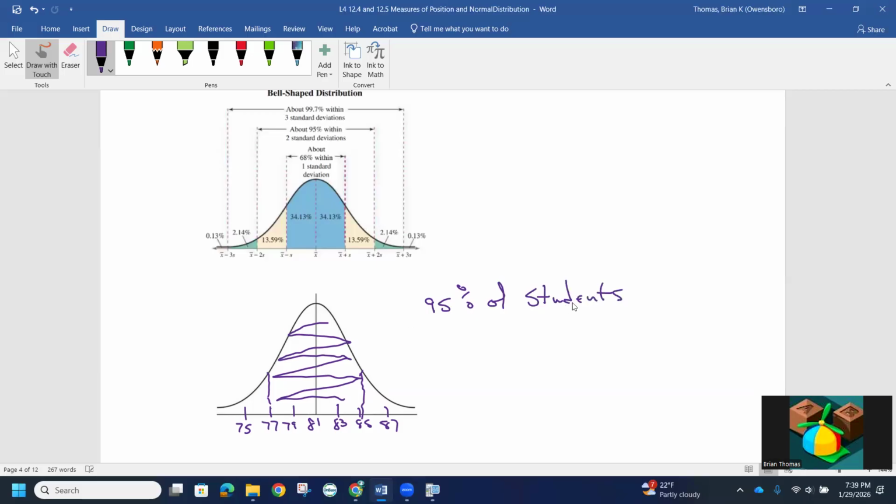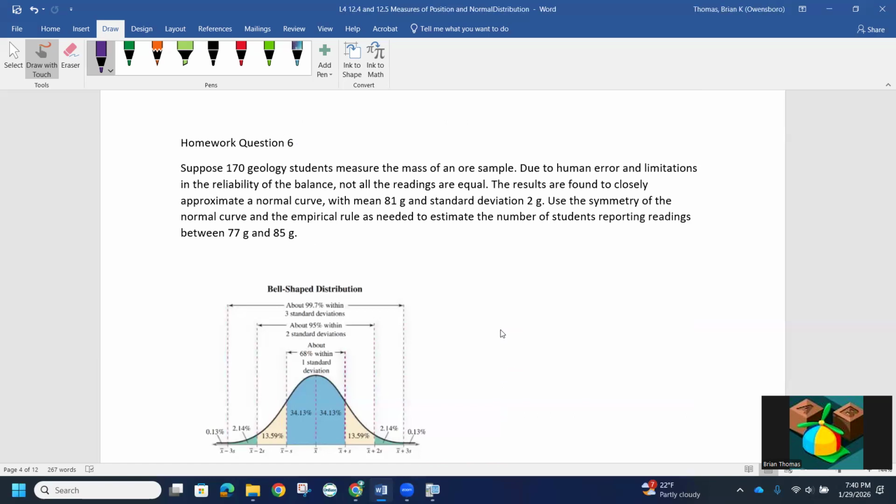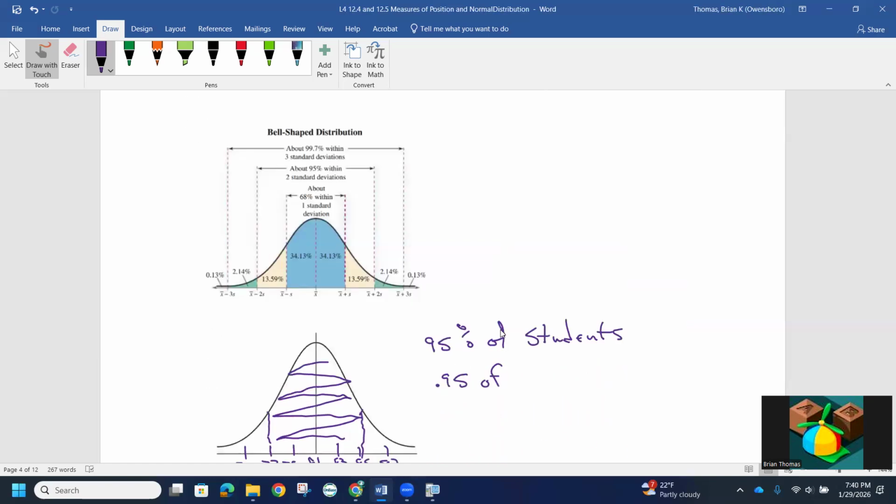Now, they want us to actually determine the number of students. So we can do some math here about changing this to 95% of, and then the students we said was 170 geology students. So 95% of 170 would be what we're looking for. Let me get this homework out of the way here.